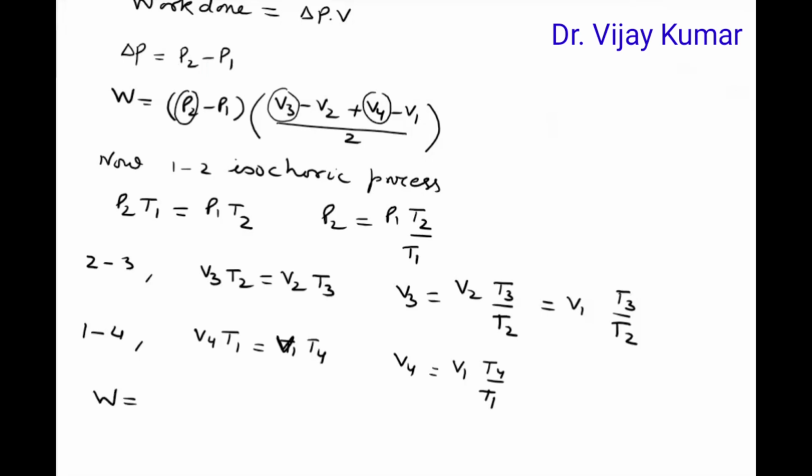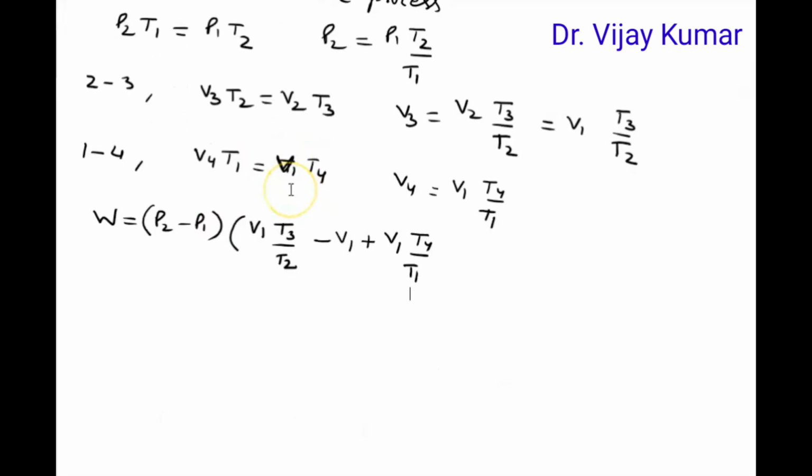So W becomes P2 minus P1 times, V3 is V1 T3 upon T2, and V2 becomes equal to V1, so minus V1 plus V4, which is V1 T4 upon T1, minus V1, upon 2.